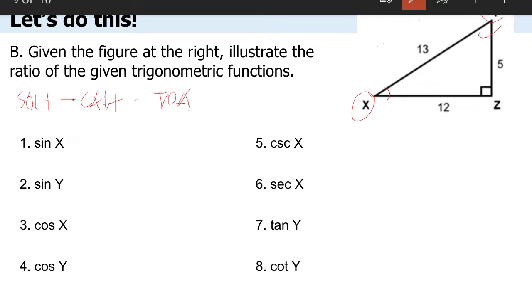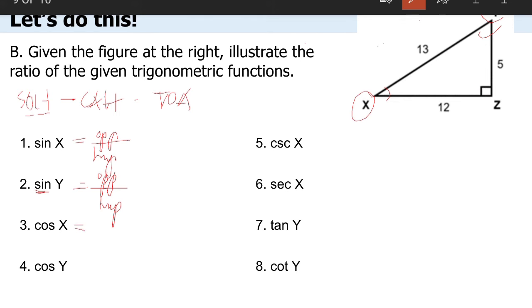So, for sine x, this is equal to, again, sine is opposite over hypotenuse. So, this is opposite over hypotenuse. Sine again, so this is again opposite over hypotenuse.